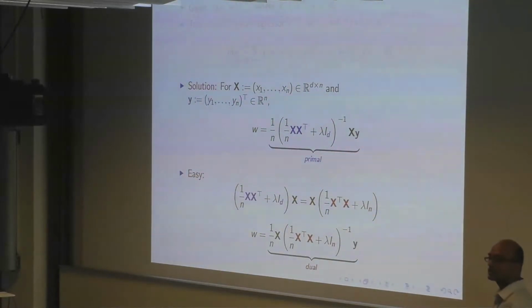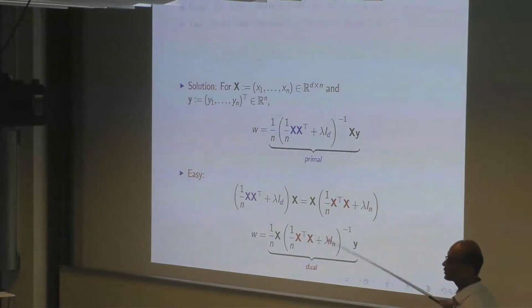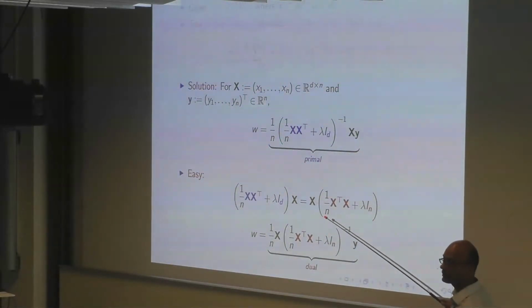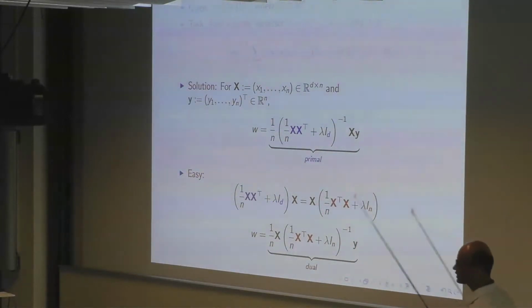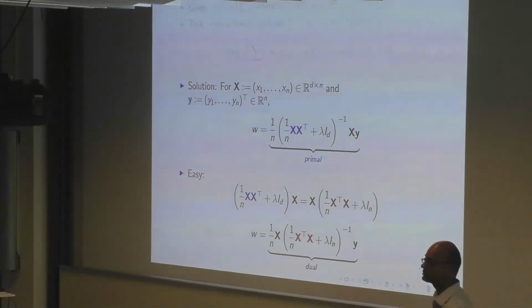All I have done is write two different variations of finding this vector W. I call this the primal form and this the dual form. It's probably not going to matter much in linear regression, but when you do kernel regression, this is a big deal. Here this is a D by D matrix, and this is an N by N matrix.